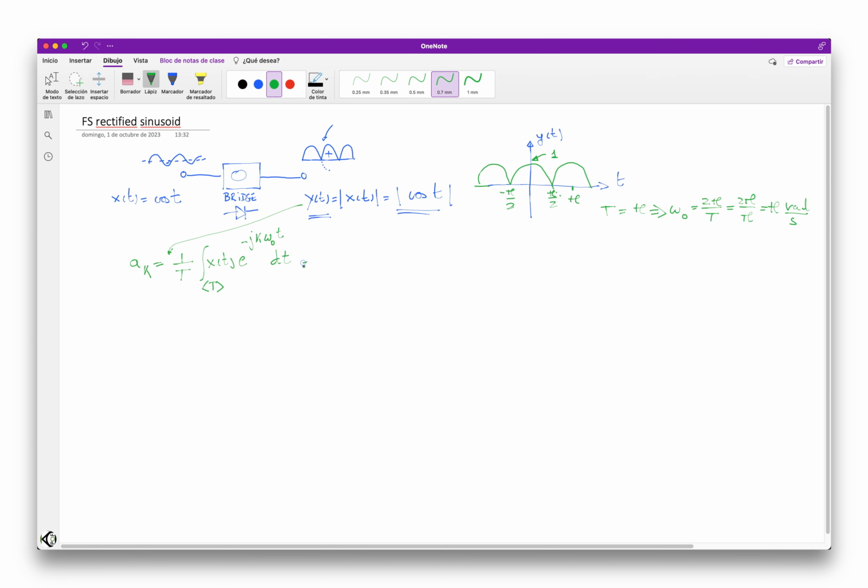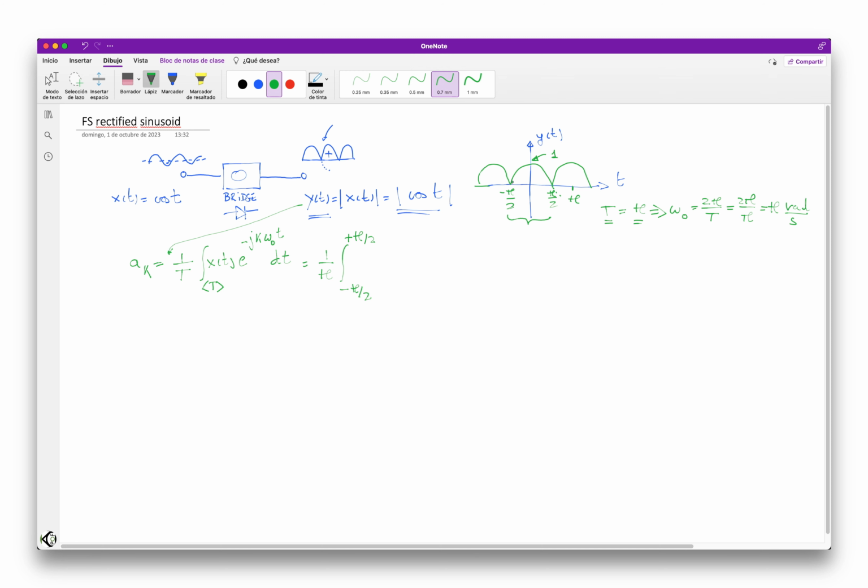In this case, we are going to choose the period that goes between minus pi over 2 and plus pi over 2, and we have calculated that the period is pi. So this will be 1 divided by the period, which is pi, integral between minus pi divided by 2 and plus pi divided by 2, of x(t).